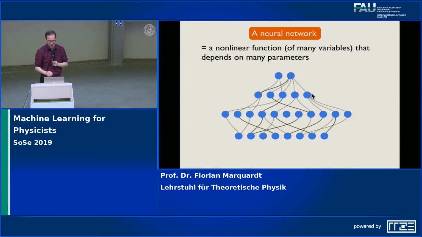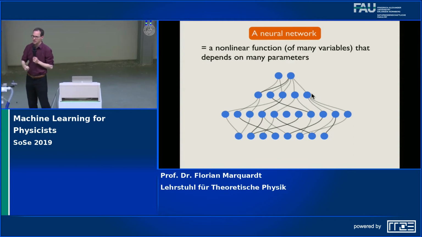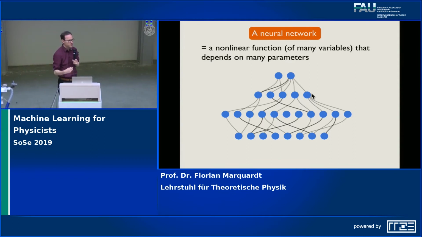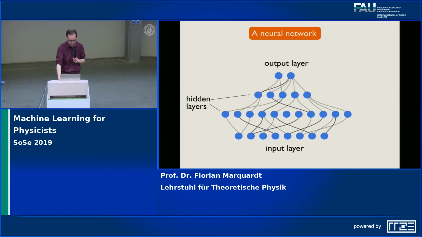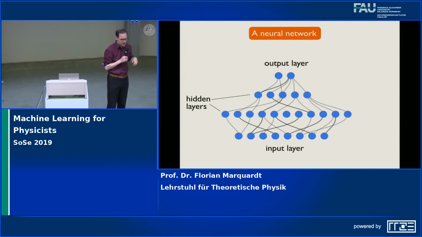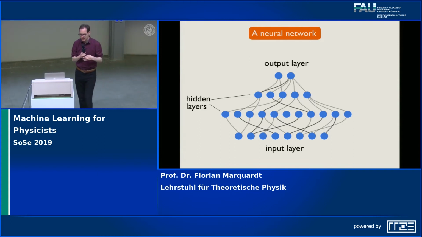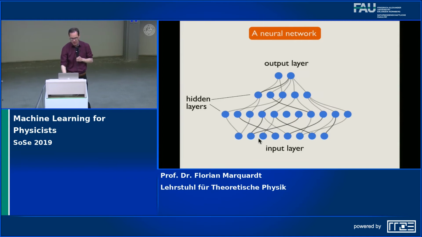But the beauty is that the building blocks are very simple. The building blocks are these neurons and the connections between them. When we draw the structure of a neural network, we distinguish different layers. As you can see, there's a lowermost layer. We call this the input layer, where you feed in the input values.